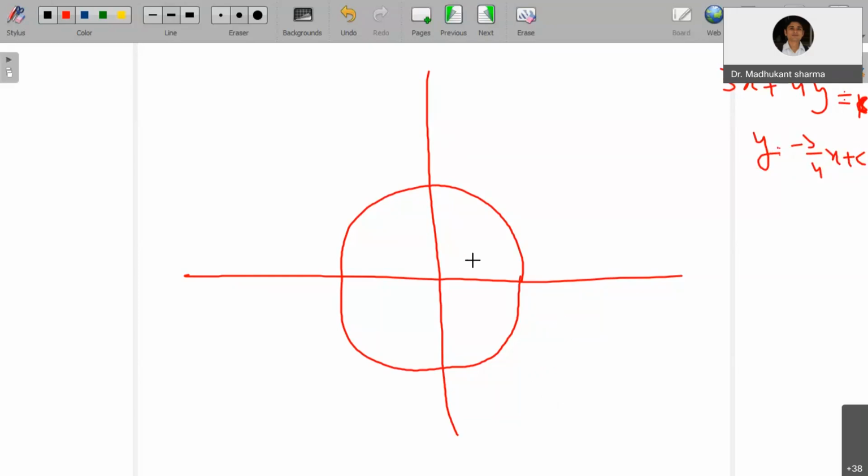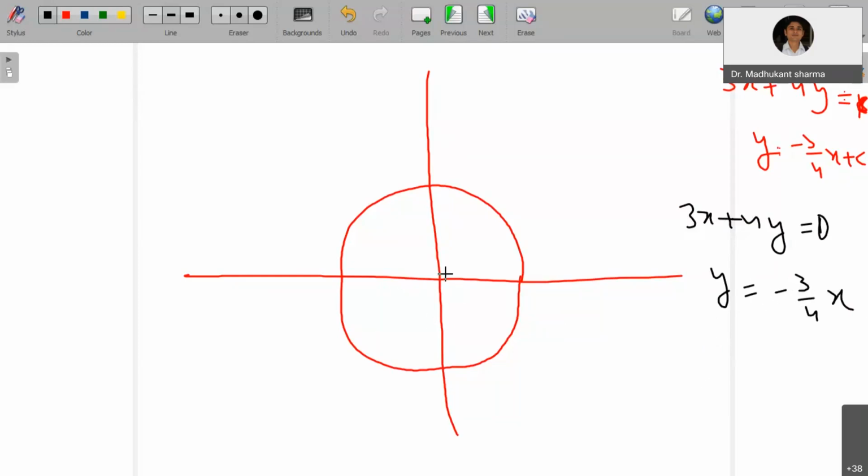You can take one or two examples here. Let's take 3x plus 4y equals 1, or let's say equals 0. This will give you y equals minus 3 by 4 x.